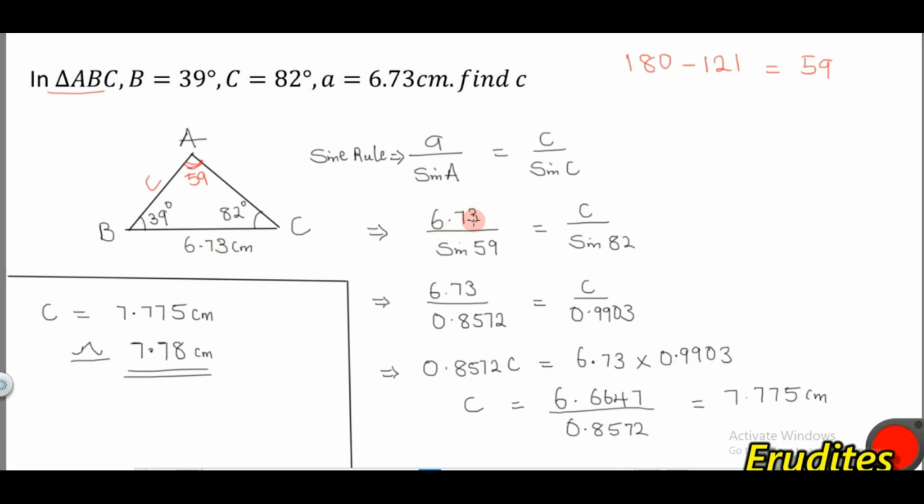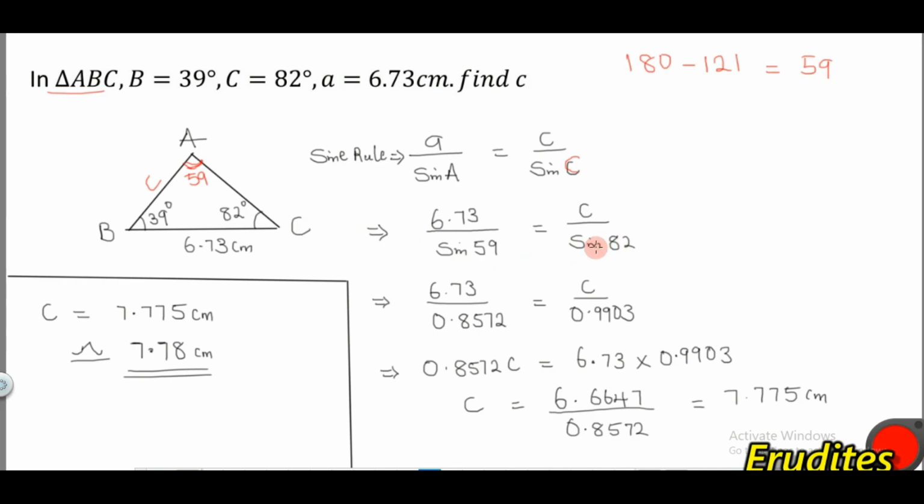So that will be 6.73 over sine A. My angle A is 59, so over sine 59, equal to, my small c is the side facing C, which is what I'm looking for. So I'll put that as c over sine C. My angle C is 82. So over sine 82.